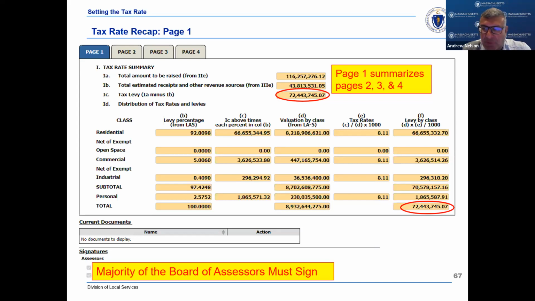Anything further, Tom? No, I guess the only other thing I can add to this is it's important that when you're filling out the recap, you do not submit your overlay form as one of your first forms. It should be one of the last forms you submit before the tax rate, because if you do submit it early and then you haven't adjusted page 1 for your rounding, you're going to get a warning message that your overlay balance doesn't match what's on page 2 of the recap.